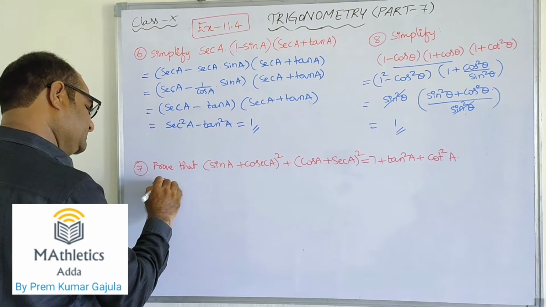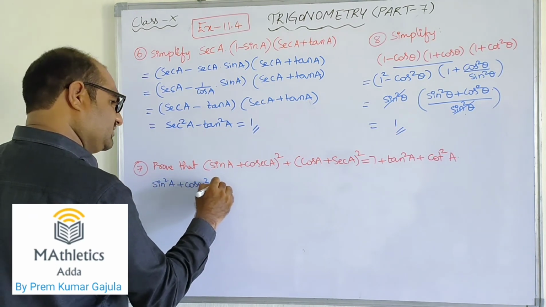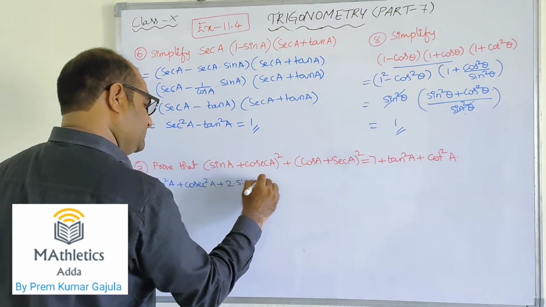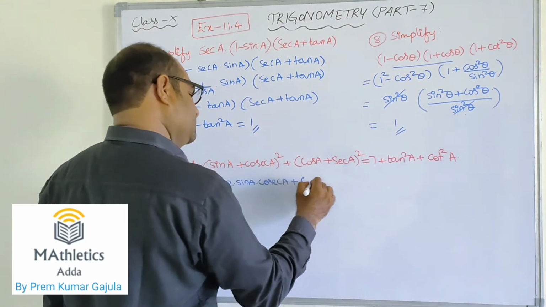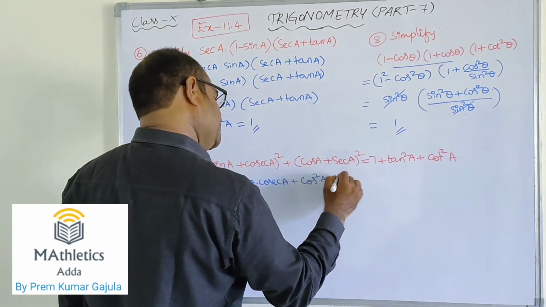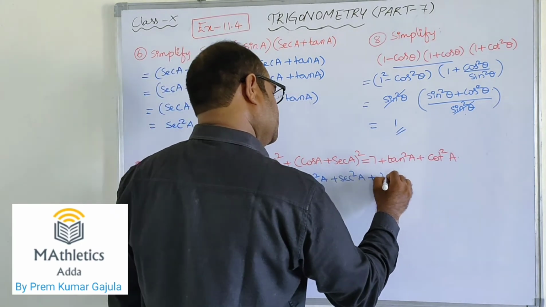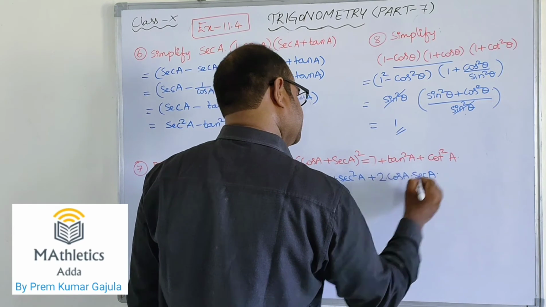So that is sin square A plus cosecant square A plus 2 into sin A into cosecant A. Next this one: cos square A plus secant square A plus 2 into cos A into secant A.